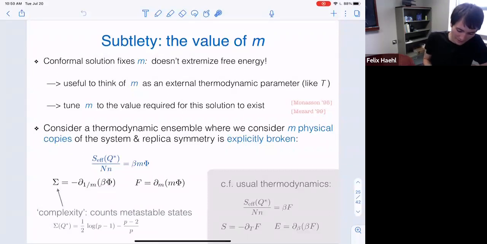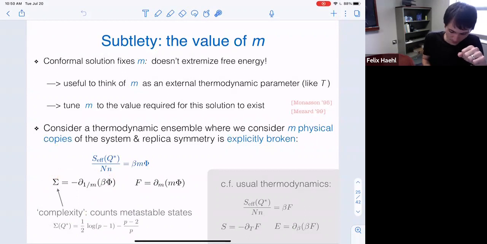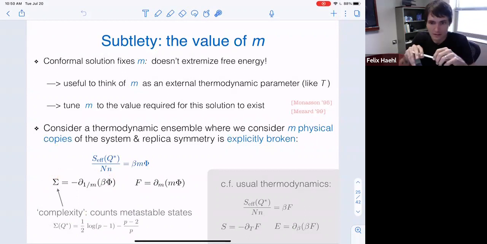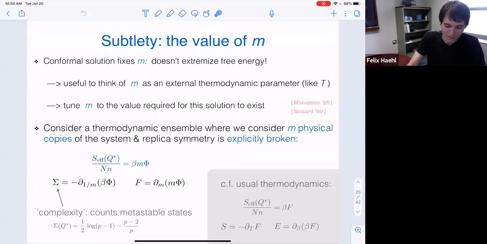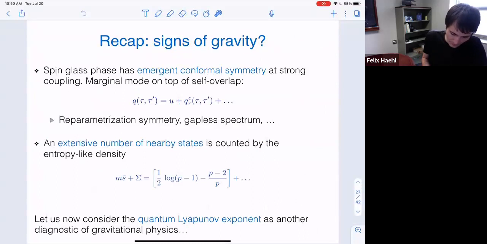The upshot I want you to keep in mind is that there's an entropy-like quantity called complexity, which you get when you take the Legendre transform in this ensemble where you can vary m. This entropy-like quantity adds to the entropy in some sense, since it counts the metastable states in this interesting phase.